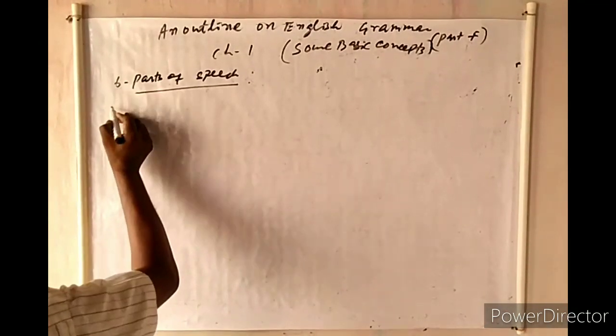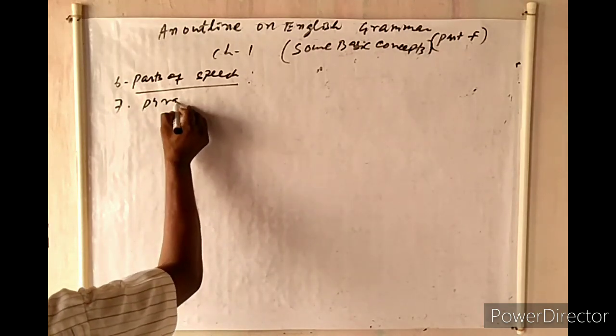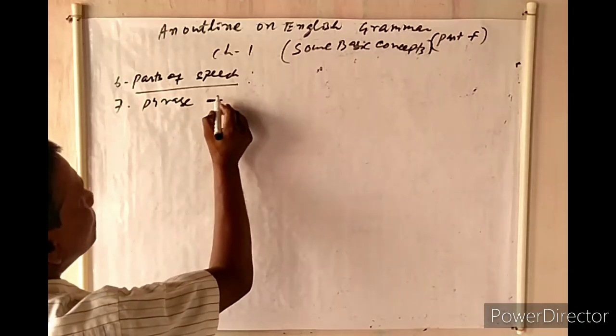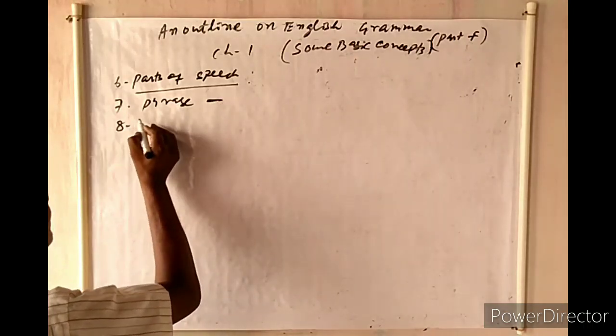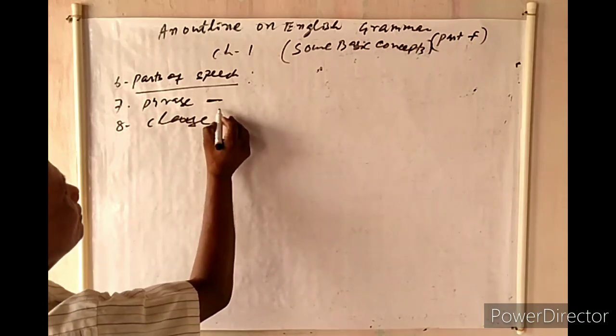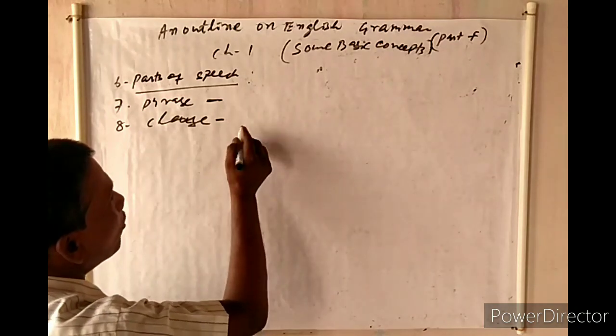It was part of speech that we got, then a phrase, which we studied just now. Then it is clause. In Hindi, it is called upvakya. That is clause. In Hindi, it is upvakya.